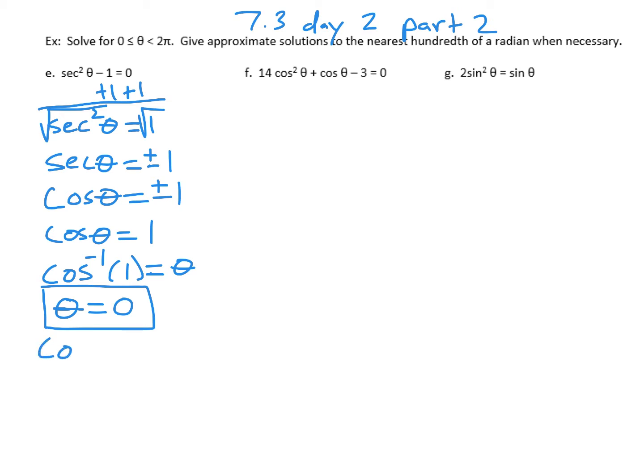And then we'll do cosine inverse of negative 1. Also unit circle friendly, and the only place cosine is negative 1 would be at pi. And there you have it.